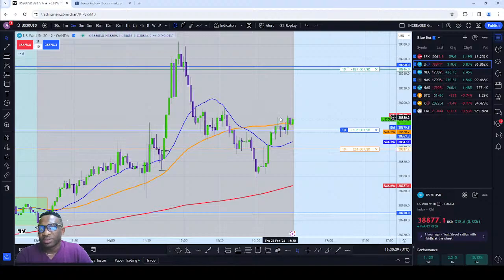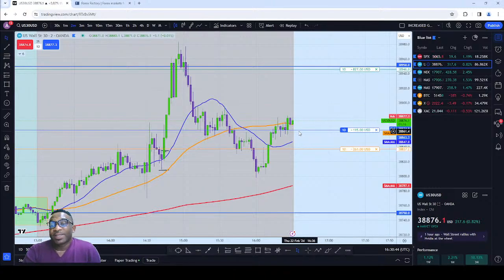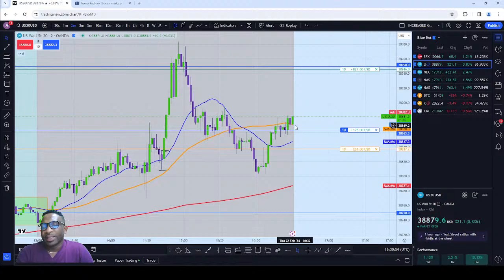So when this previous record of high points is broken, we can at least move our stop loss below here, just to lock in some profit in case the unexpected happens. We go home with some money. But again, I don't want to move it so soon. This trade will work, so I don't want to move it so soon and get kicked out before it's actually moving in the direction that we want it to go.